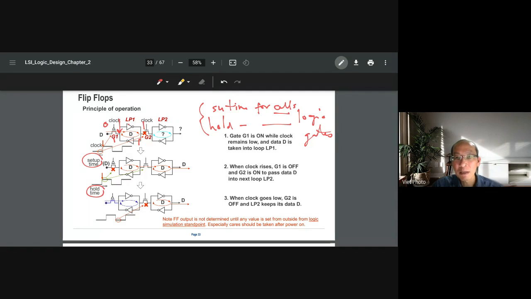The question is whether the delay of the NOT gate will impact the setup time. No, there's nothing to do with the setup time here. The setup time here is related to the transistor, the transistor here.